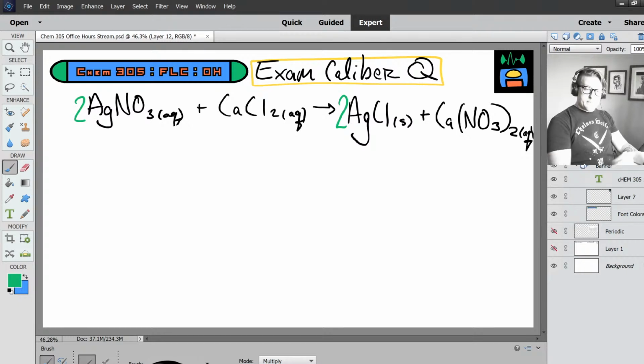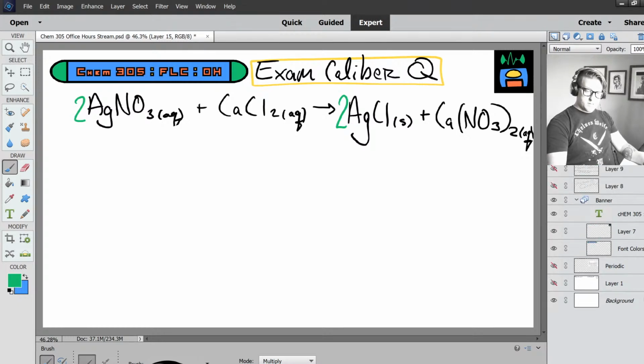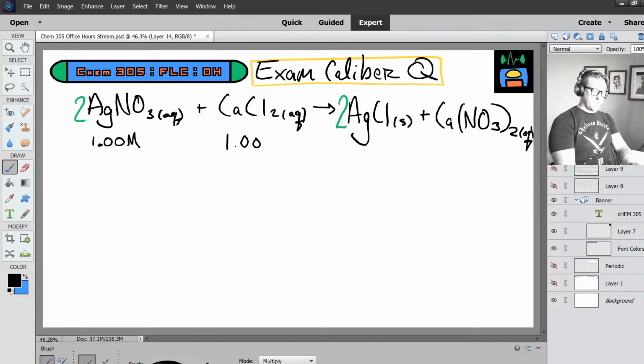In part B, we're told that we have 0.001 molar concentration for each reactant, and that we mix 25.0 milliliters of each together.